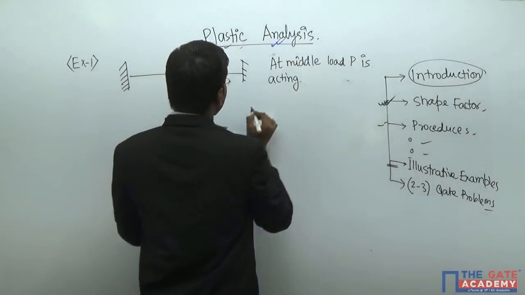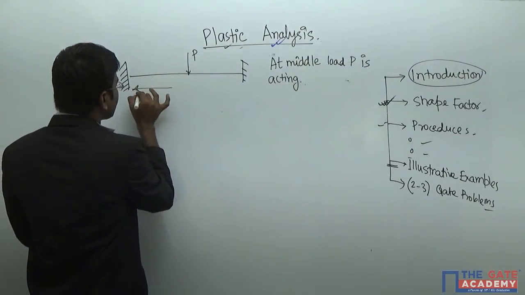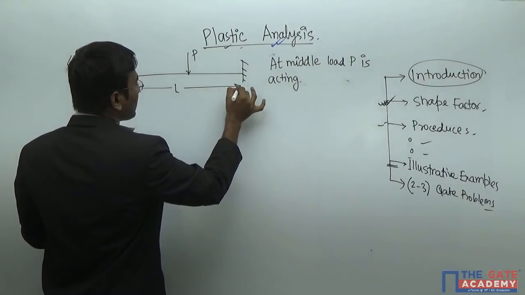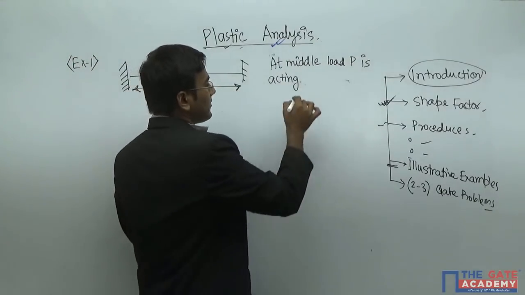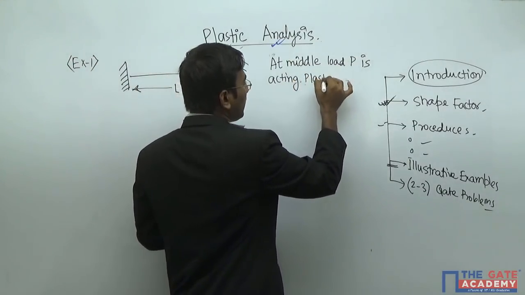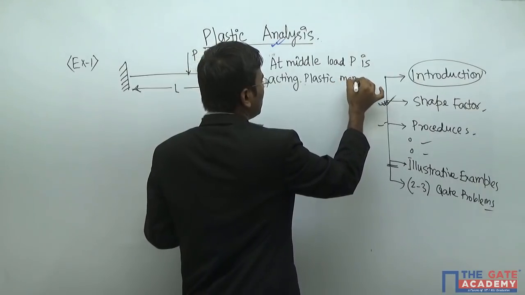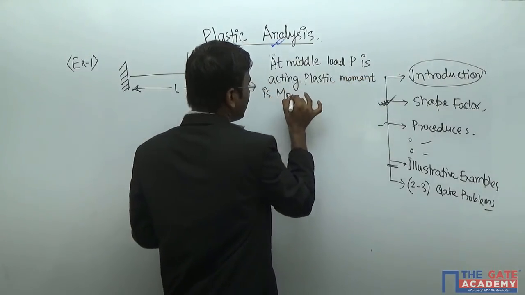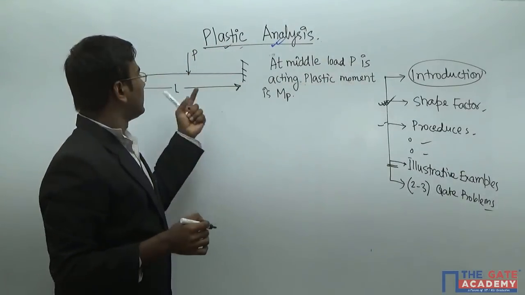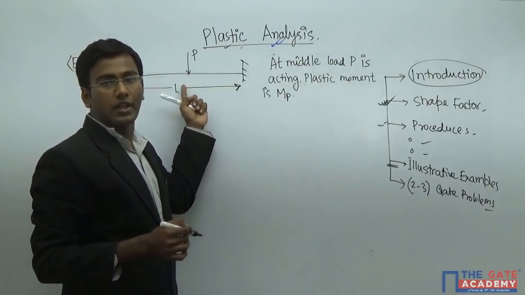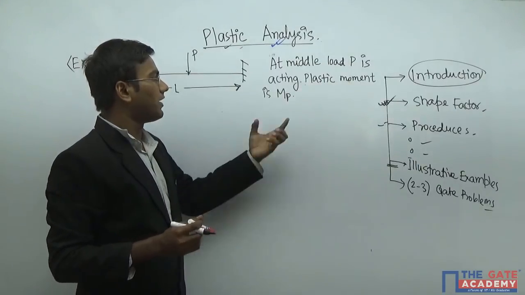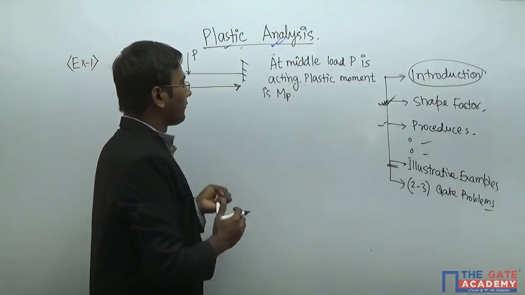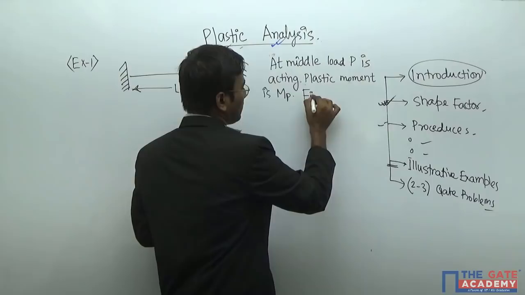And the length is given as L. Total length, just assume this is total length equal to L. And plastic moment is given as MP in the whole section. This is same geometry. So let us consider the plastic moment is MP in the whole section. Find the collapse load.